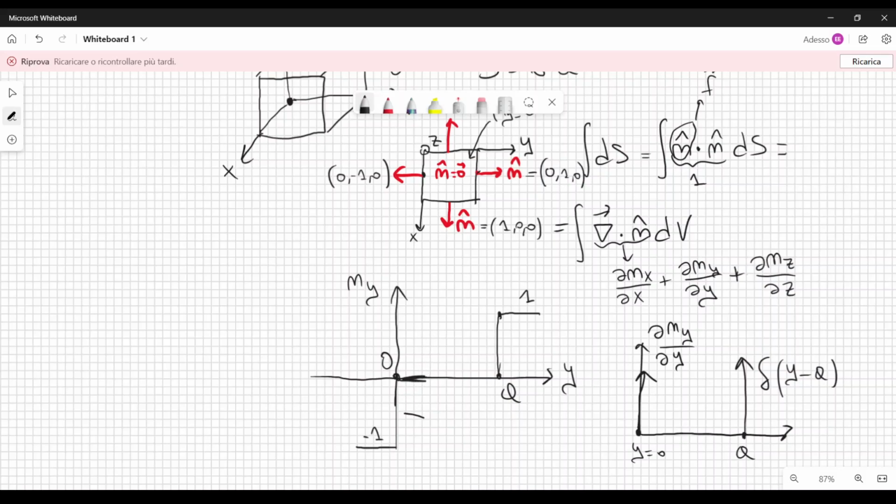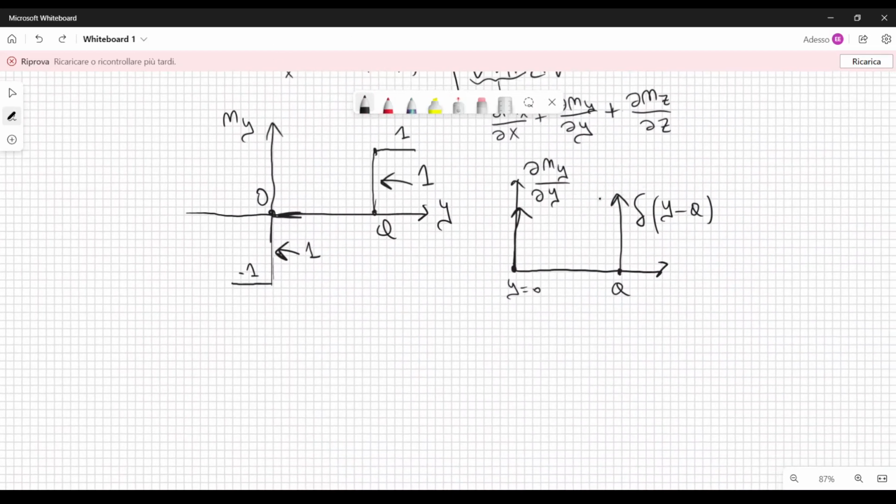There is a step whose height is equal to 1 because we go from minus 1 to 0, and is equal to 1 here as well because we go from 0 to 1. And then between 0 and a, this derivative will be 0 because we defined this ny to be 0 between 0 and a here.